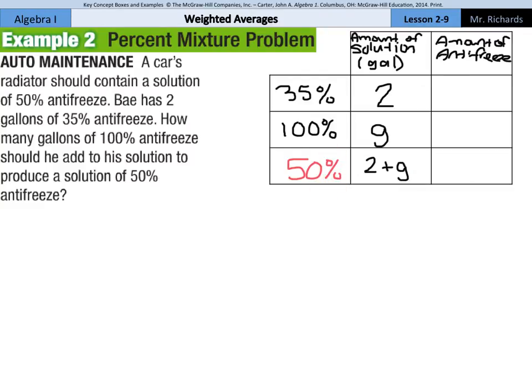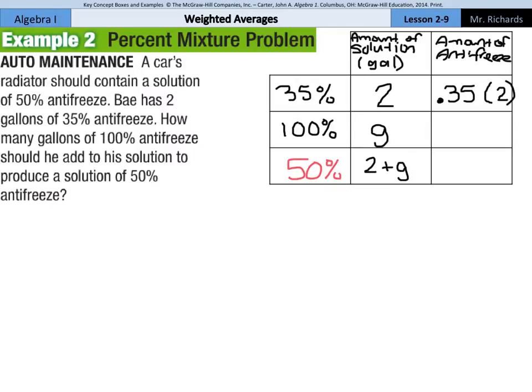Next, to get our amount of antifreeze, what we're going to do is take our percentages and write them as decimals. So this 35% solution is going to be 0.35 for the 35% times that amount of solution we're using, which is 2.